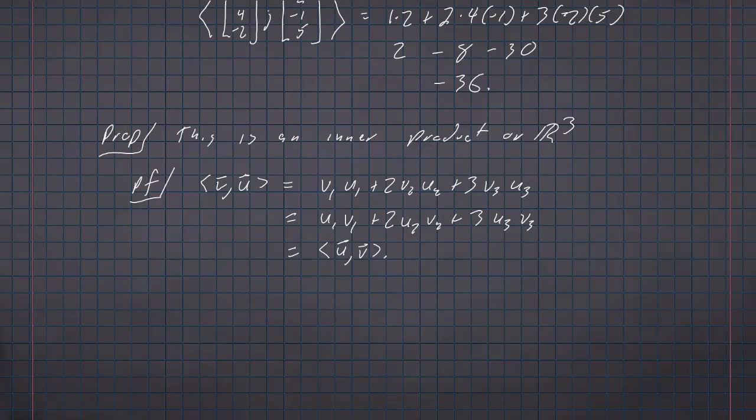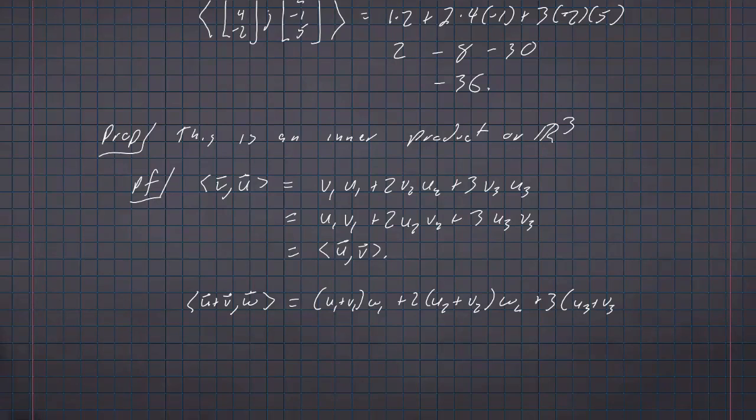We want to look at additivity. So we want to take the inner product of u plus v with w. So that will be u1 plus v1 times w1 plus 2 times u2 plus v2 times w2 plus 3 times u3 plus v3 times w3.